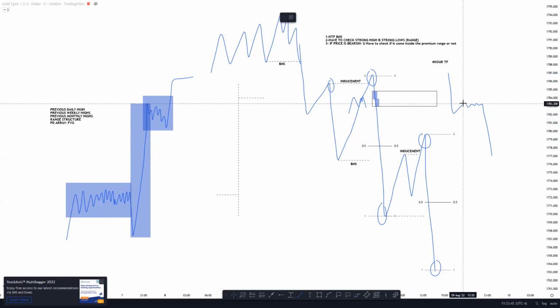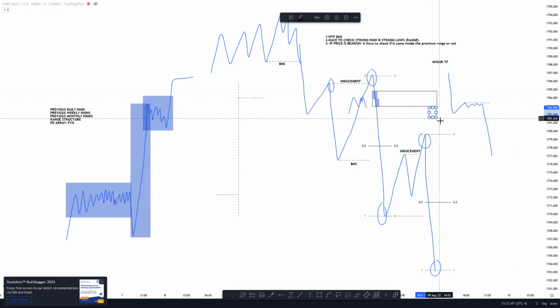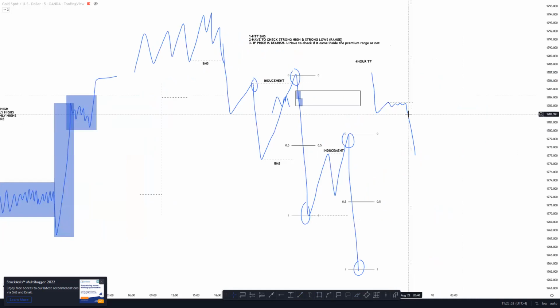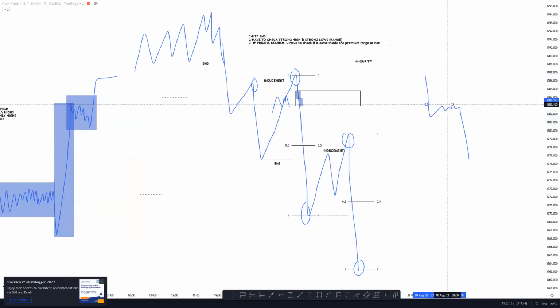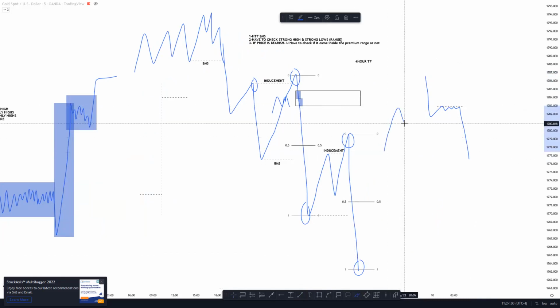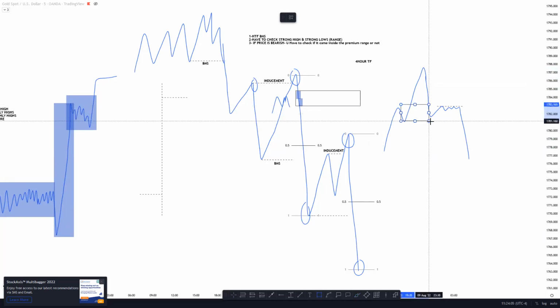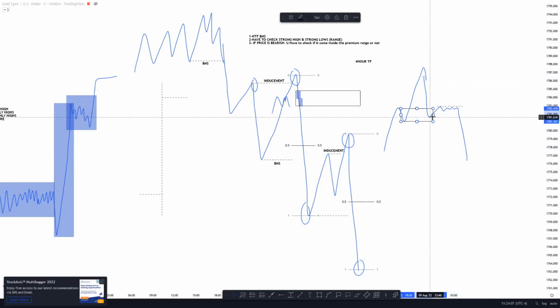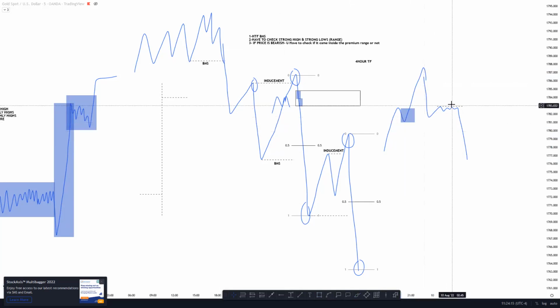So this base will be the inducement, and just above this base, you might have this as a breaker block, and just around the breaker block, there will be a formation of the base drop, base drop.